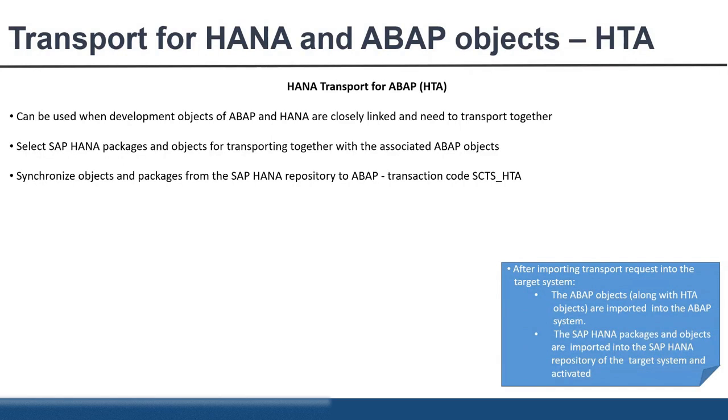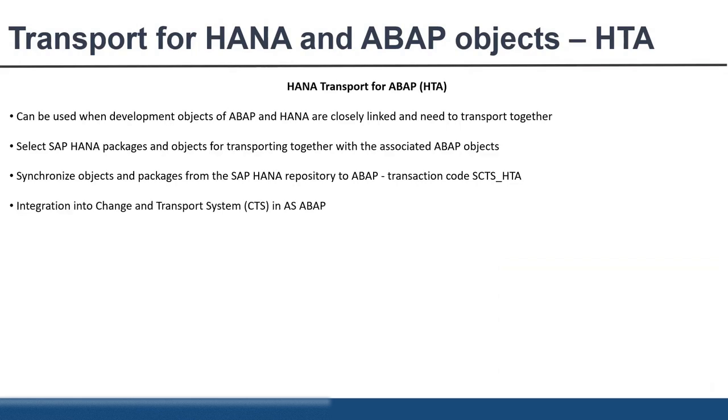Once you synchronize, it then processes modified objects for synchronization. And once the synchronization is done, the selected objects and packages are written to the HTA repository and logged in a transport request. For synchronization, it always considers active versions of your objects.